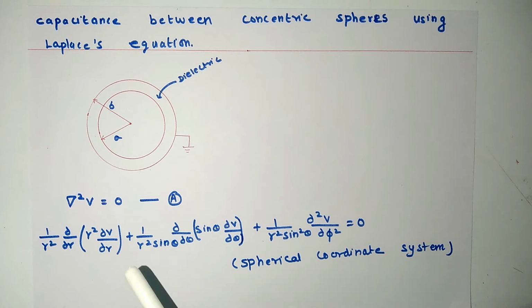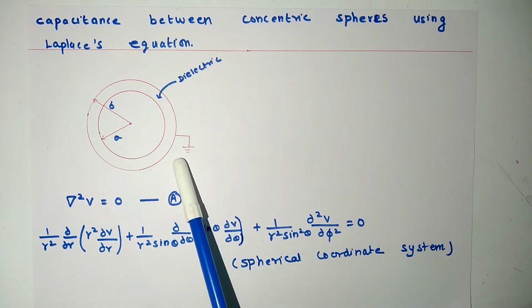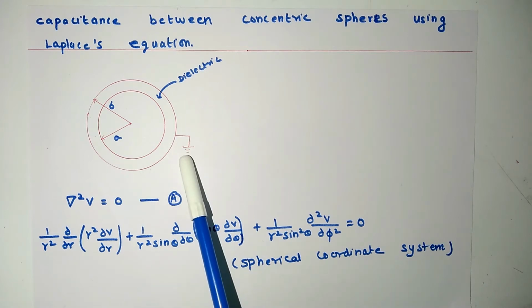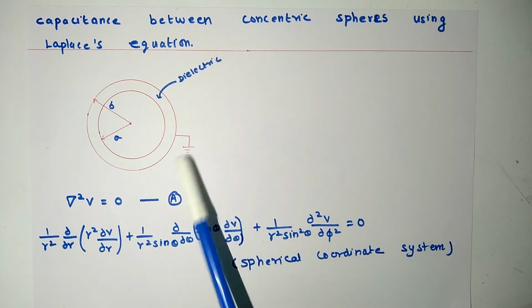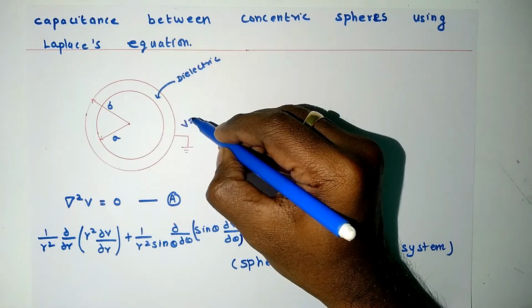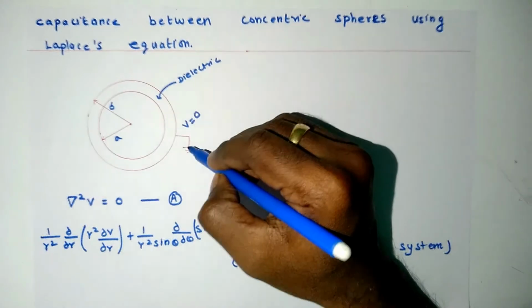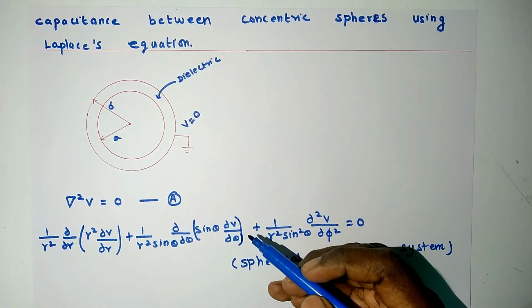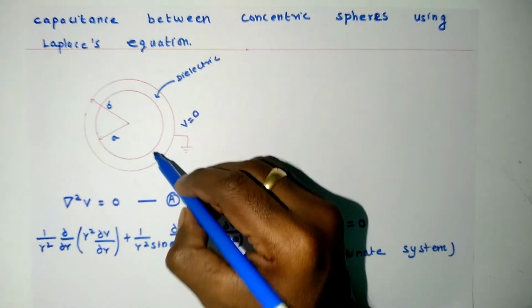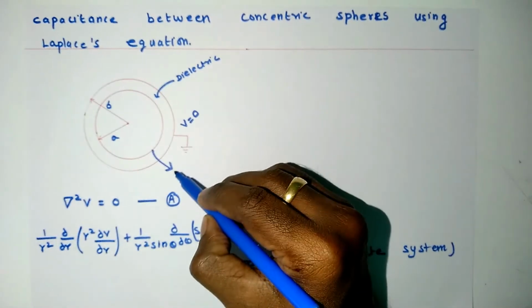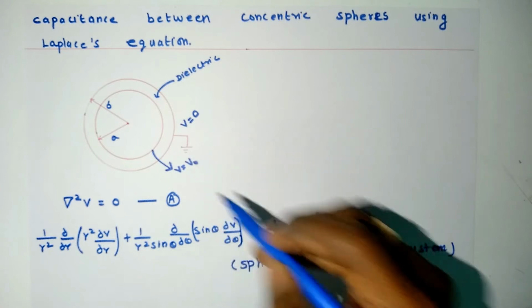As we know, two conducting materials separated by a dielectric form a capacitor. Now in this, we are assuming the outer conductor to be grounded. If the outer conductor is grounded, voltage measured at the outer conductor will be equal to 0. Again, we are assuming that the voltage on the inner conductor is equal to V0.